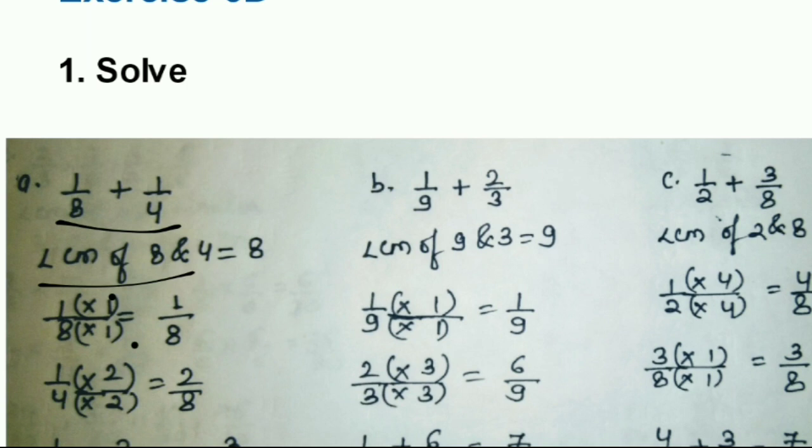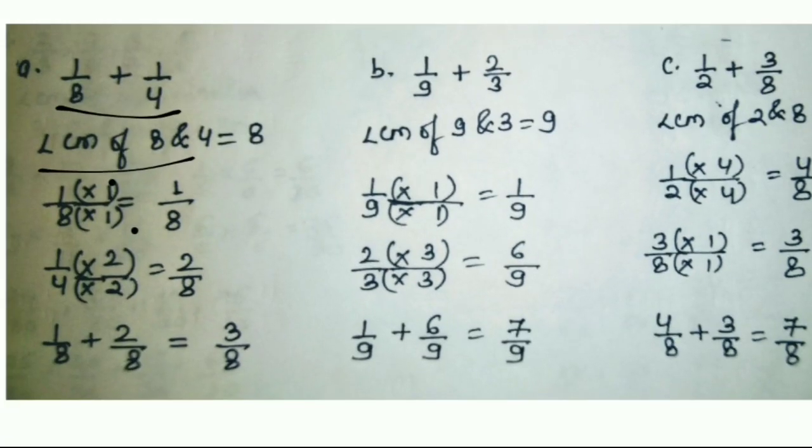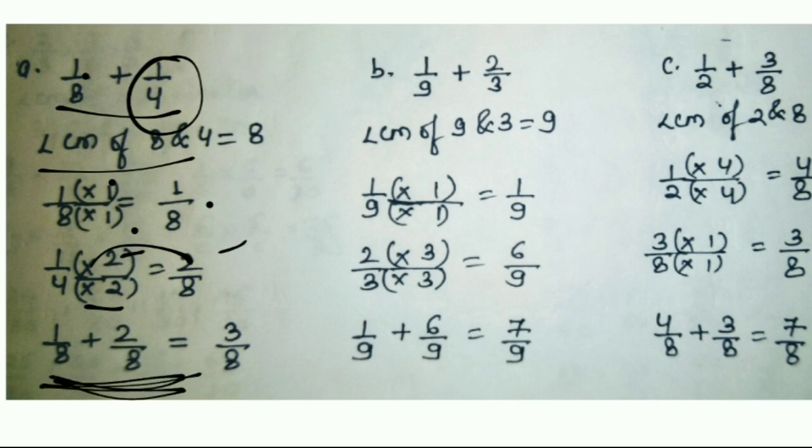So we will multiply both sides here by 1. Then 1 by 4, this 8 will come 2 times. So multiply by 2, numerator as well as denominator. So this will come 2 by 8. Now 1 by 8 we will write as it is, 1 by 8. 1 by 4 we will write as 2 by 8. Now we have the same denominator. So 2 plus 1 is 3 by 8.